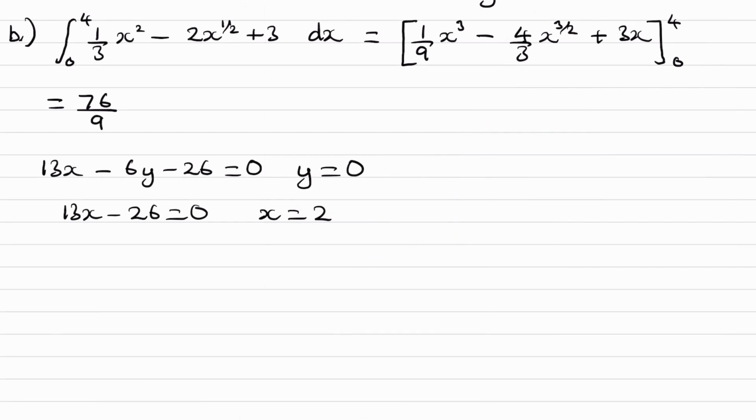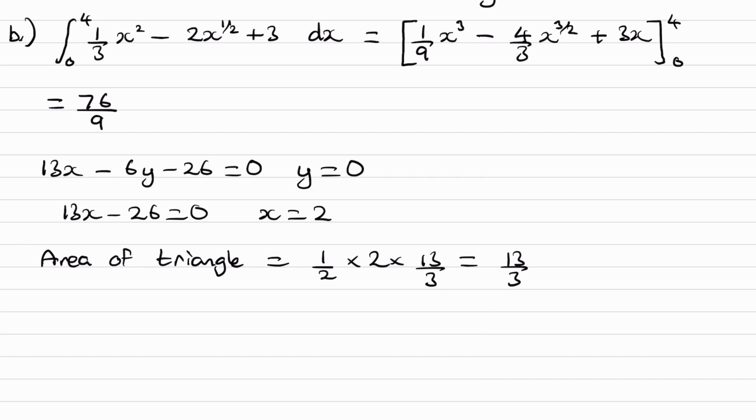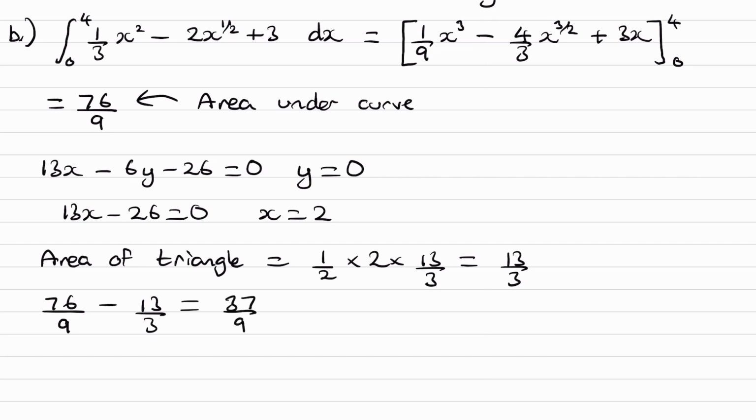So the area of our triangle, which is half base times height, would just be 13 over 3. And again, this here is the area under the curve. Then we take the two things away: 76 over 9, the area under the curve, minus 13 over 3, which gives us 37 over 9, which would be our final answer.